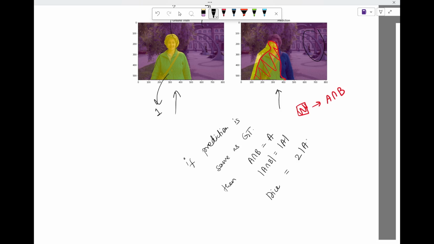When the prediction is the same as the ground truth, A is also equal to B. So 2A upon A plus A is equal to 1. So when the dice coefficient is 1, you have perfect segmentation. And if the regions did not overlap, then A intersection B will be equal to 0, so the dice score will be 0.